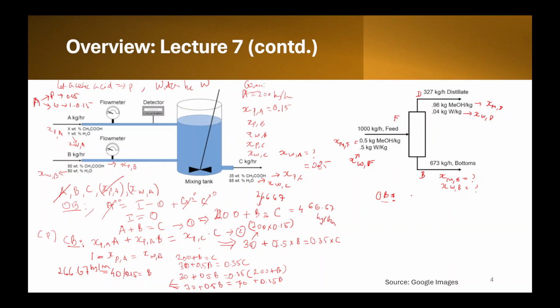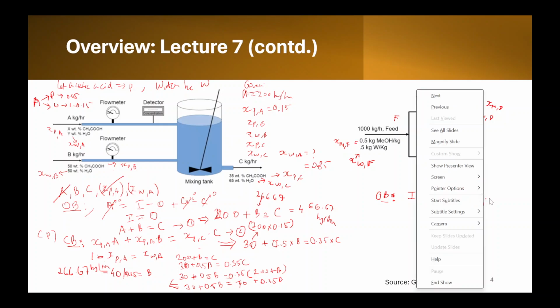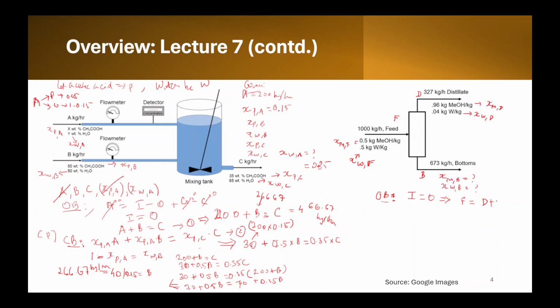So what will be the overall balance? Inlet minus outlet only, as this is steady state. So we get that F is equal to D plus B, because F is the stream coming in, and the outlet streams are D and B from this system.